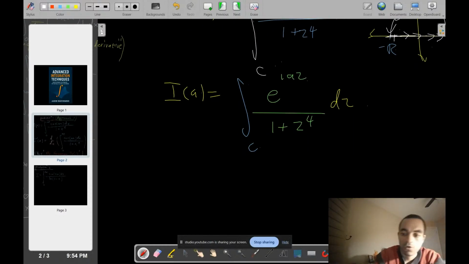We're using Euler's identity. This is the justification for this.